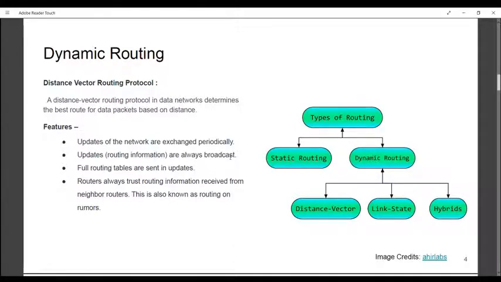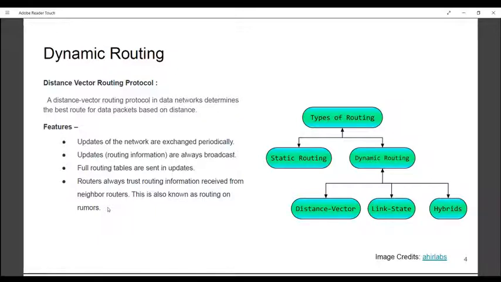To broadcast the update, full routing tables are sent in the updates. And the fourth point is very important: the router always trusts routing information received from a neighbor router. This is also known as routing on rumors, and this leads to a problem which we will see ahead.